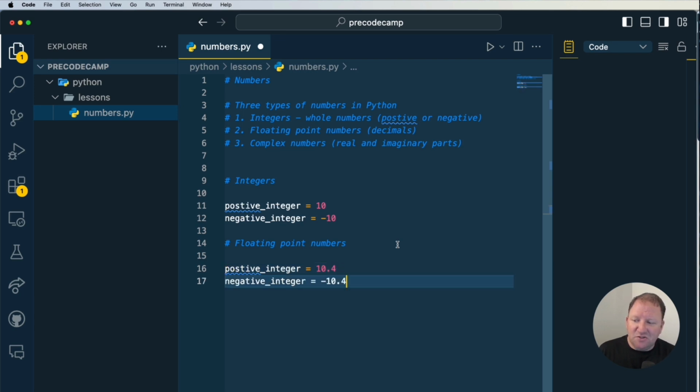Do a negative float, and we'll do a negative 10.4. So again, these are going to be floats. Now, like I said, we're not going to talk about how we can make complex numbers. We just want to start off with the basics and the foundations with this. So if you are looking for complex numbers, we'll provide you with documentation and a little bit of examples below this video if you want to extend your reading when it comes to the complex numbers.